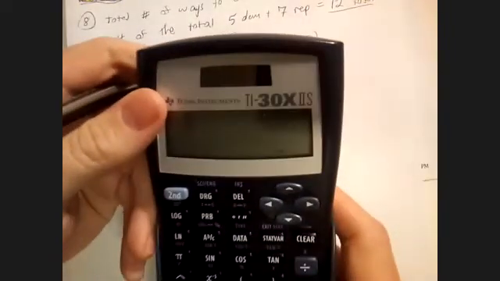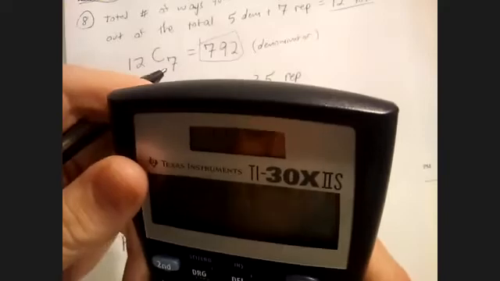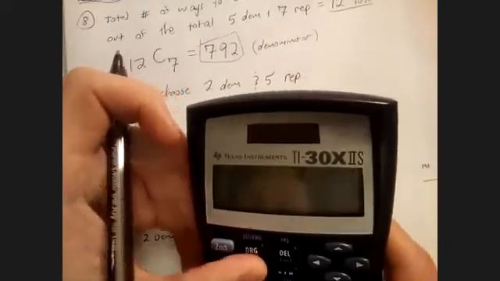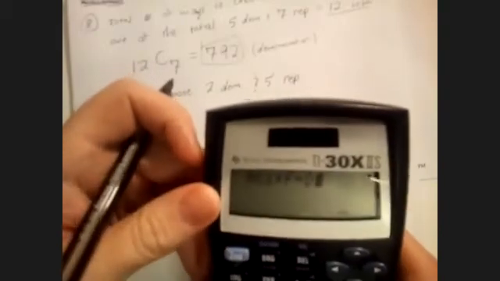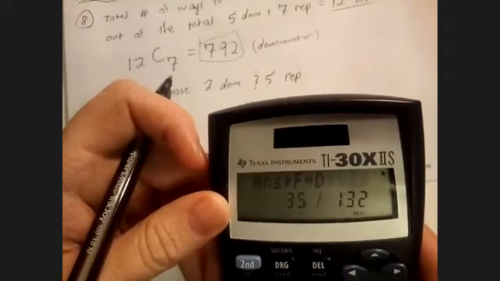So 210 divided by 792. I'm getting a decimal again, but I can do second PRB, and if I'm lucky, it'll fix it. Okay, 35 over 132.